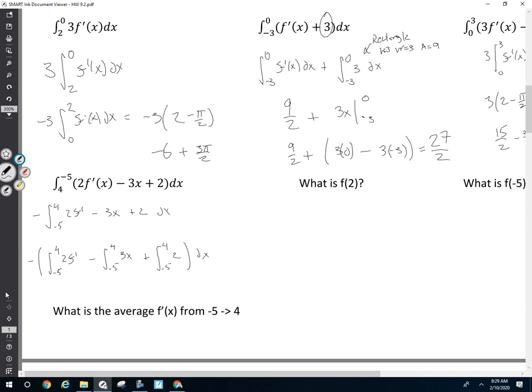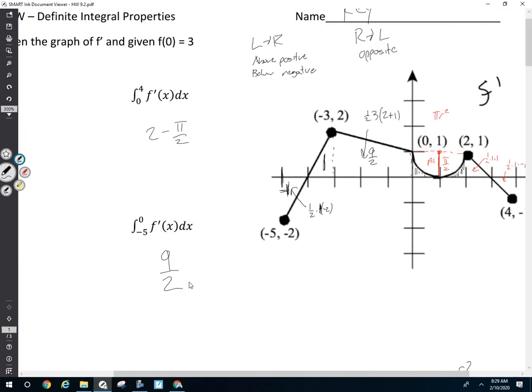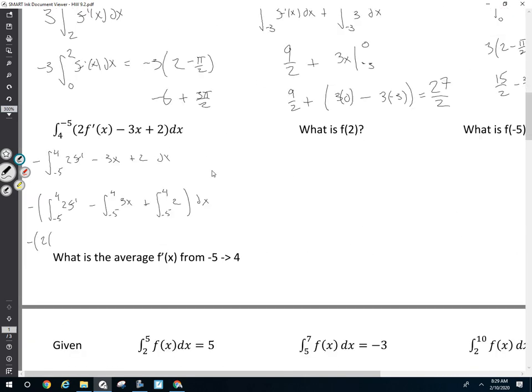Okay. So my first one is going to be 2 times 9/2 plus 2 minus pi over 2. So I'll just write that. Minus this guy, I need to use fundamental theorem of calculus, and it's not going to be nice.